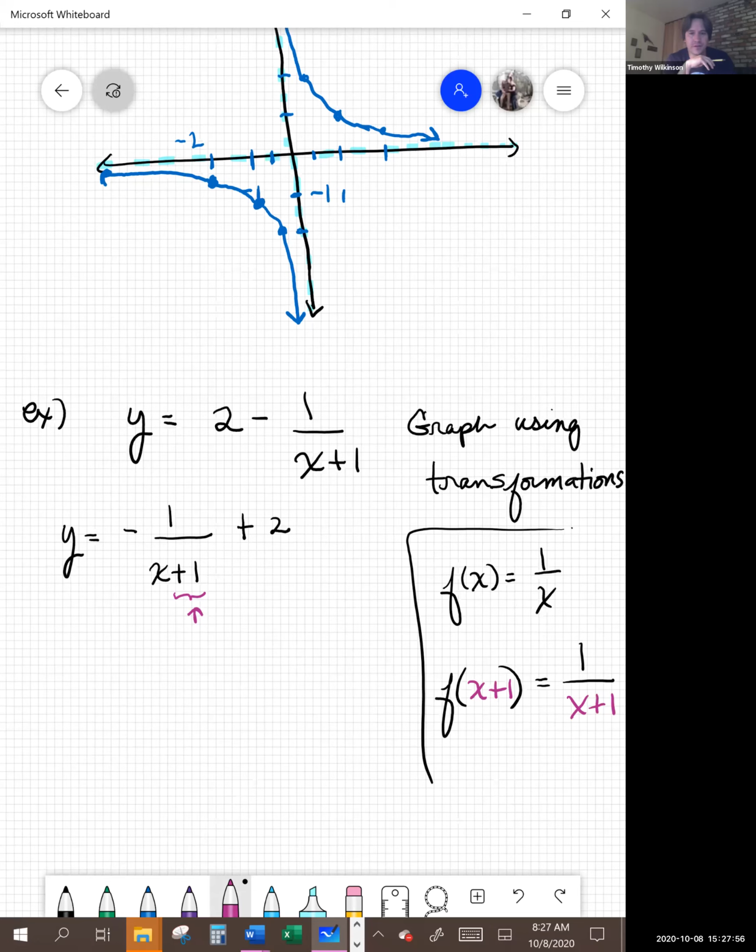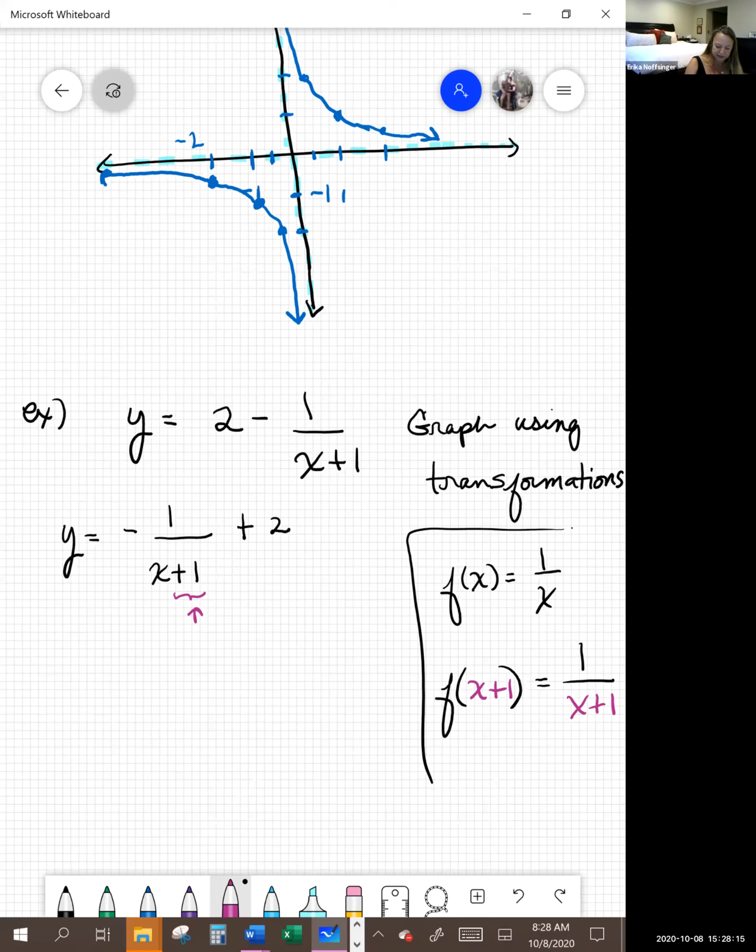So was this a vertical shift or horizontal shift? In which direction? A horizontal shift to the left by 1. Yep, so it's inside, so it's a horizontal shift, and it's opposite of what you'd expect in direction, to pick up the slack for our x values.